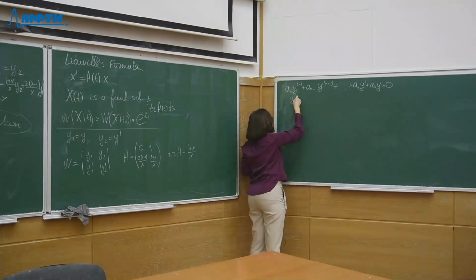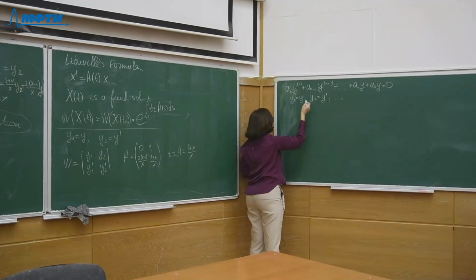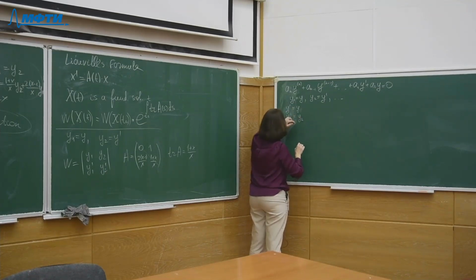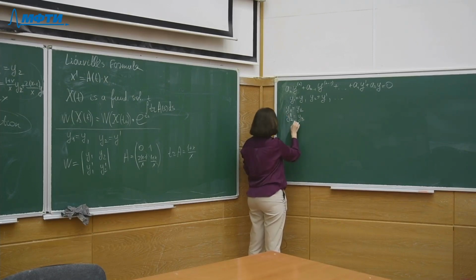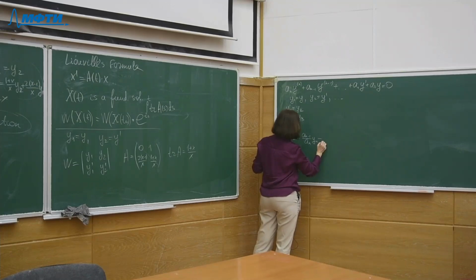Then, as before, if we introduce new variables, we can rewrite our equation in the form y1 prime equals y2, y2 prime equals y3, and so on, up to yn prime equals minus a_{n-1} over a_n times y_n, and so on.